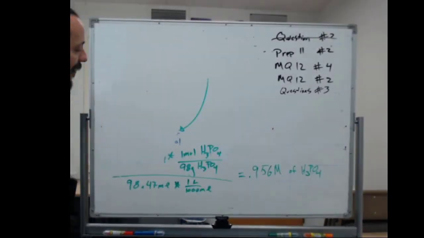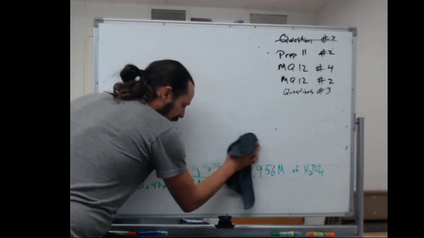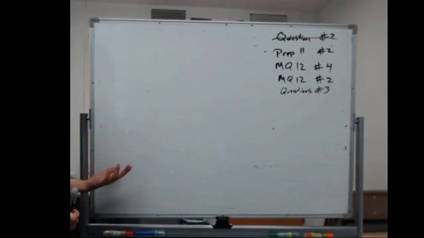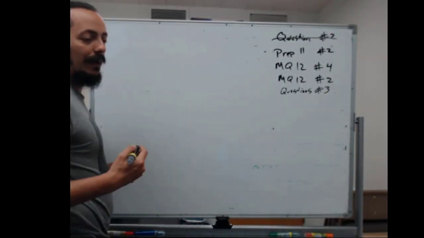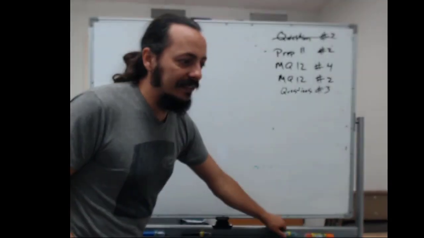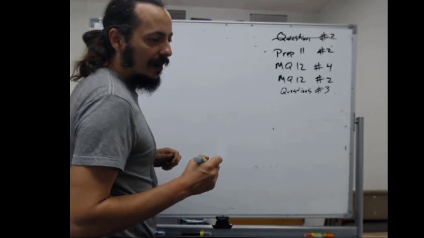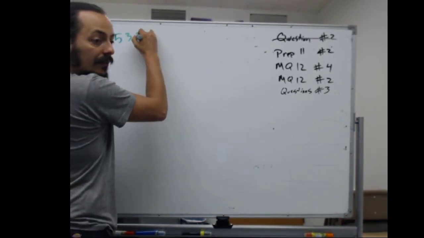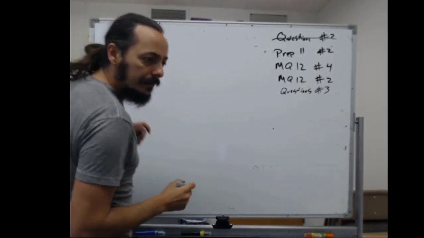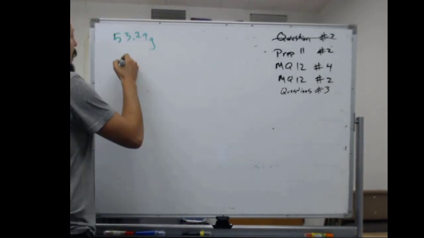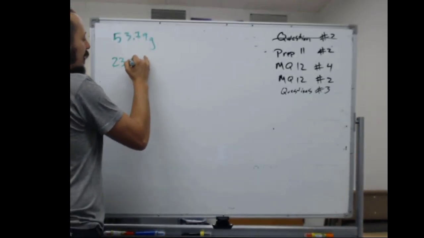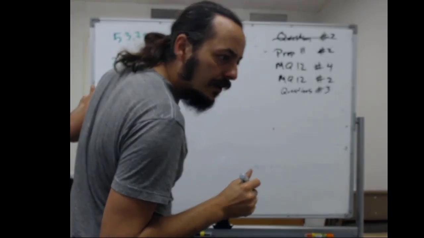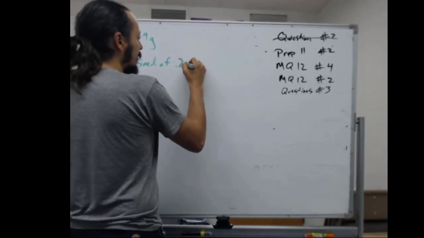So, I wish I didn't erase all of that. This is going to be somewhat related to what we just did. Let's go ahead and go through the same thinking process. We're going to write down the explicit information, and then we're going to figure out what information is implied. 53.79 grams. 23.75 milliliters of 0.27 molarity.